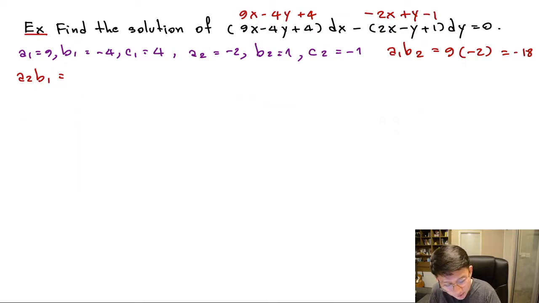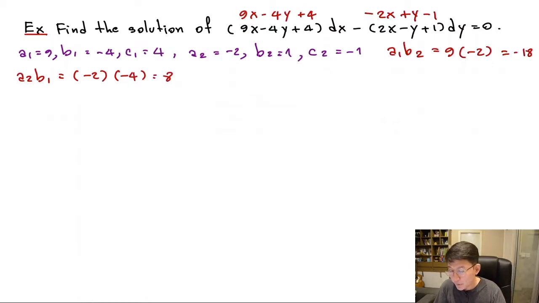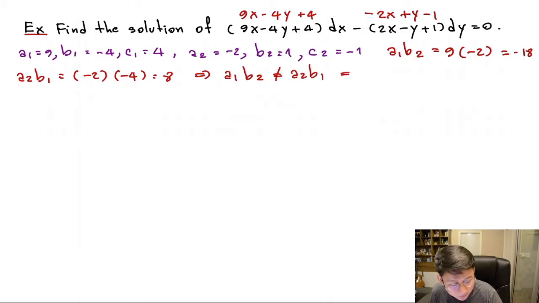It's going to be minus 2 times minus 4, which is 8, right? Okay, so we have that a1 b2 isn't the same as a2 b1, which means that there is a unique solution.